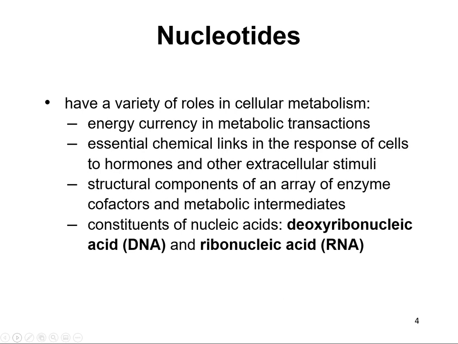They're structural components of lots of different enzyme cofactors and metabolic intermediates. And most notably, they're the constituents of nucleic acids. So DNA, deoxyribonucleic acid, and RNA, ribonucleic acid. We're going to be focusing on the last bullet point here with DNA and RNA in Chapter 8. We'll get to all the metabolism stuff soon.